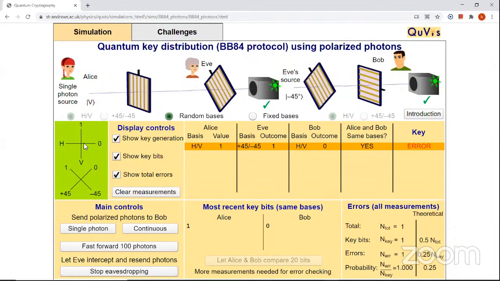Suppose Bob measures horizontal. Then what will Bob think? That okay, I measured this horizontally polarized photon, it means I observed a 0 bit.